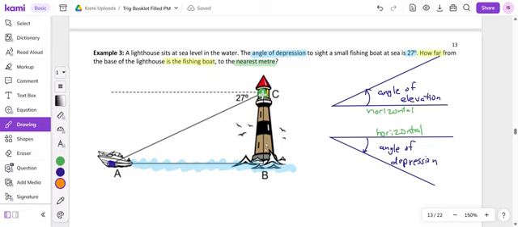And so the line of sight, meaning the line that goes from the eye of the viewer towards the boat, makes this angle. And if we measure the angle from the horizontal, just a random horizontal line, the angle that is created is 27 degrees. So this angle here is the angle of depression.